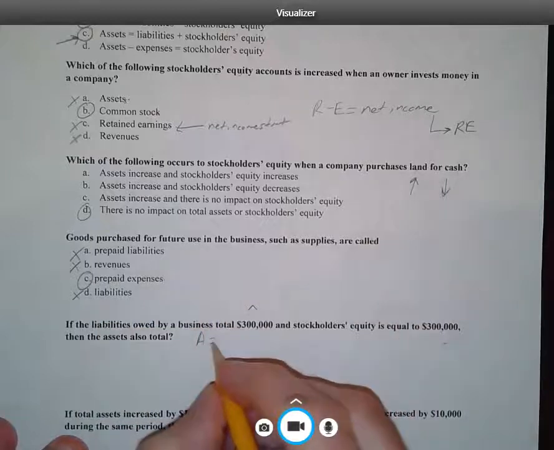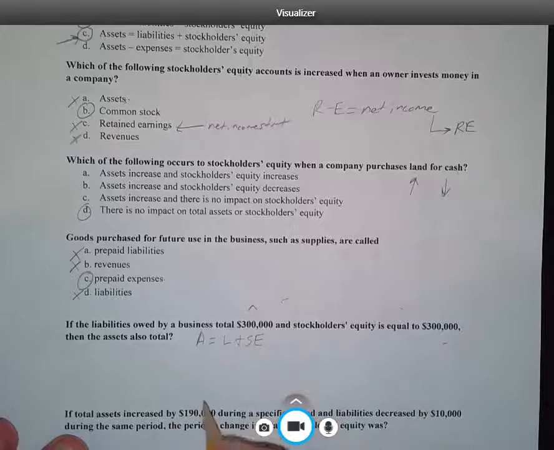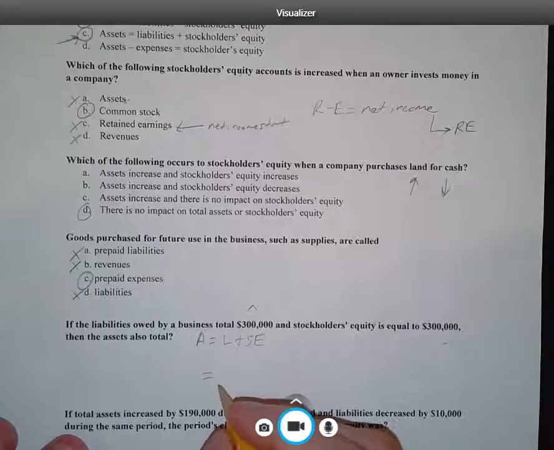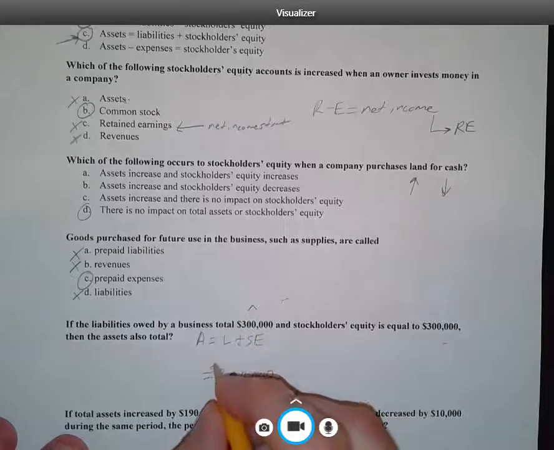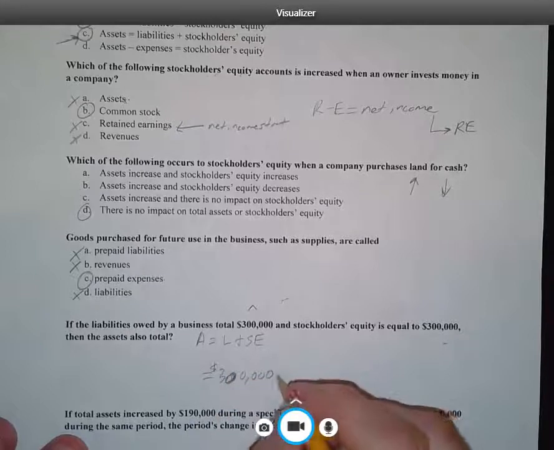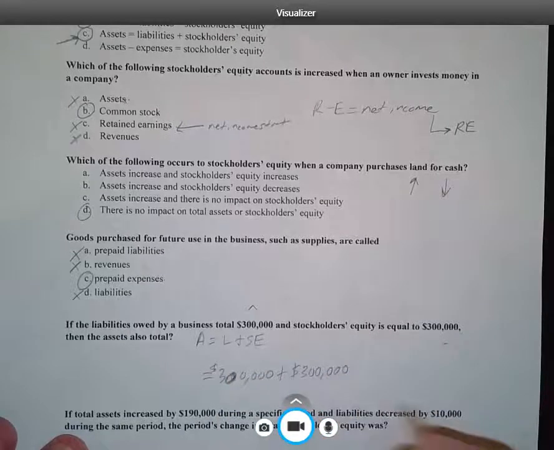Assets equal liabilities plus stockholders' equity. And so if we take this formula, in this case, A is what we're solving for. Well, I just keep making mistakes, don't I? $300,000 in liabilities plus $300,000 in stockholders' equity.